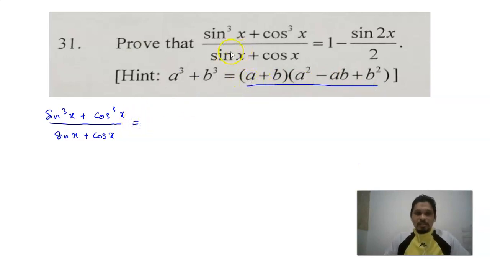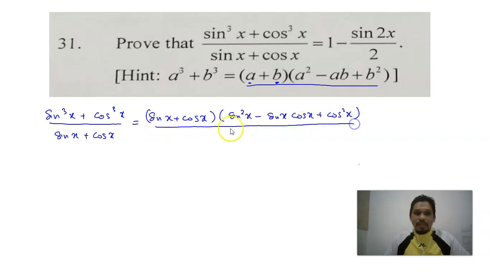In this question, sine cube x plus cos cube x equals, imagine this is sine and this is cos, sine x plus cos x, times sine square x minus sine x cos x plus cos square x, and everything divided by sine x plus cos x.